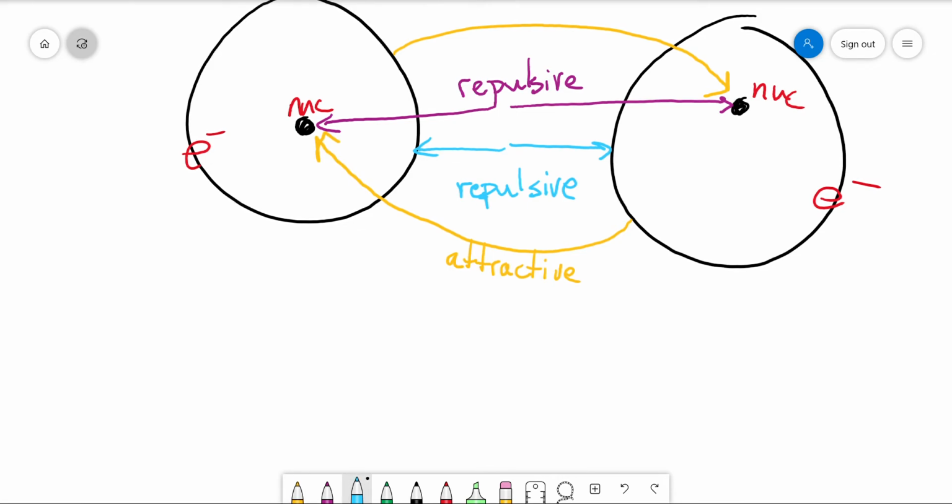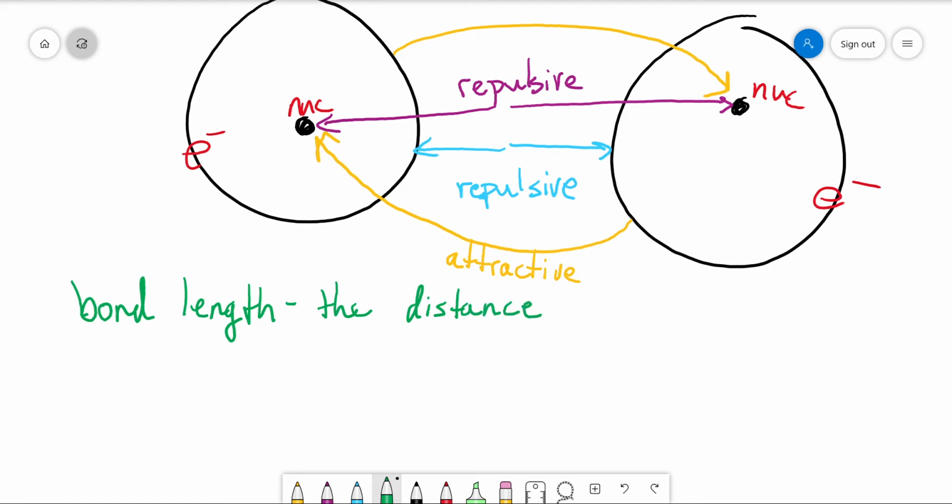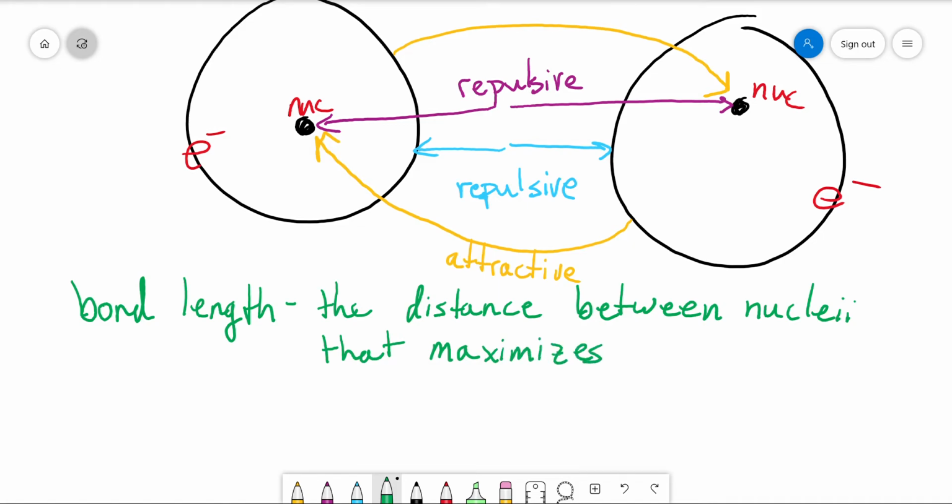So one definition I'll give you of bond length is the distance between nuclei that maximizes the attractive force.